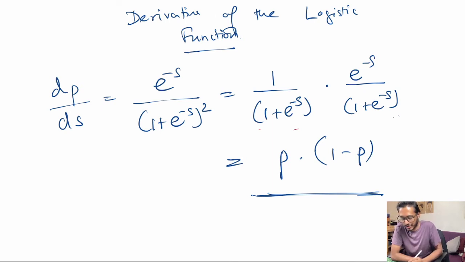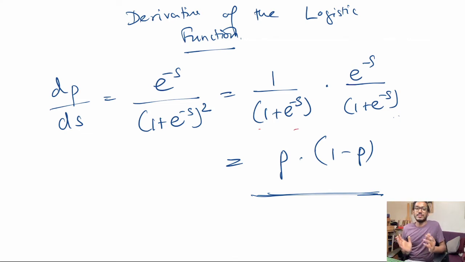And at the edge of the graph, where p is either 0 or 1, this derivative goes to 0, right? When p is 0, 0 times 1 minus 0 goes to 0. When p is 1, 1 times 1 minus 1 also goes to 0. So as you can see, the derivative also makes sense.